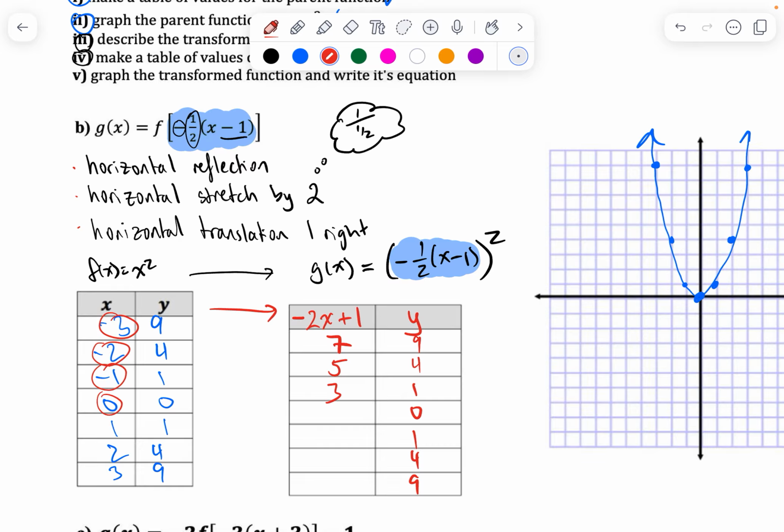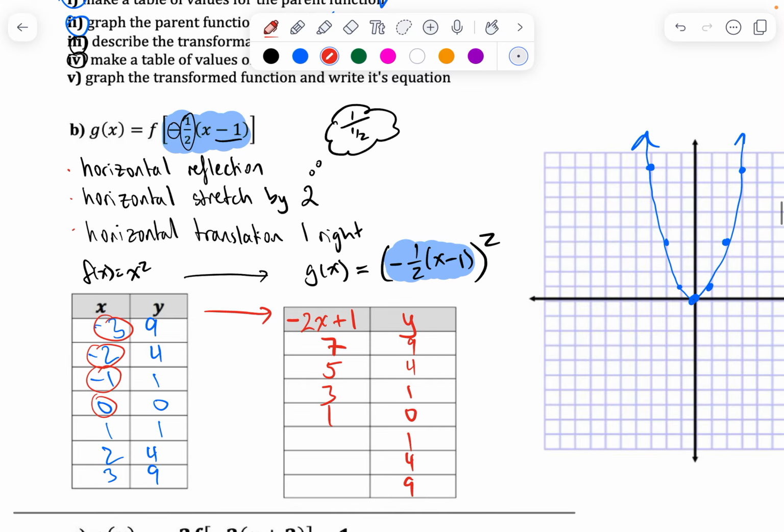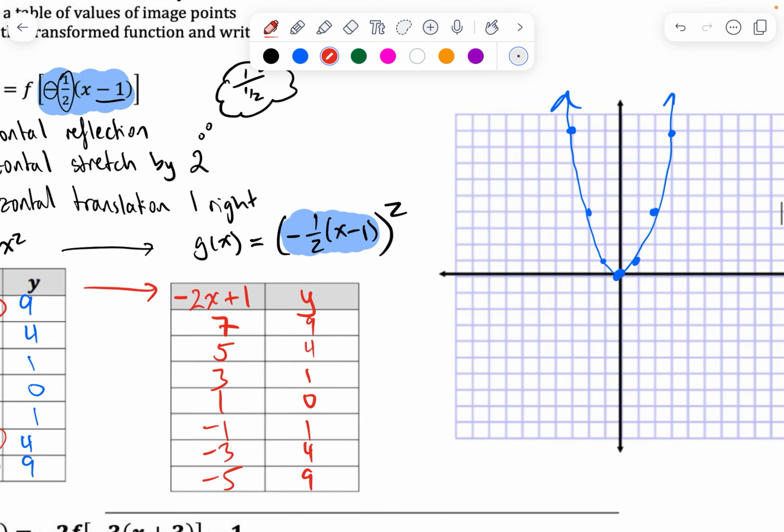Negative 2 times 0 is 0, plus 1 is 1. Negative 2 times 1 is negative 2, plus 1 is negative 1. Negative 2 times 2 is negative 4, plus 1 is negative 3. Negative 2 times 3 is negative 6, plus 1 is negative 5. Okay, so let's plot these new points and see what happens.